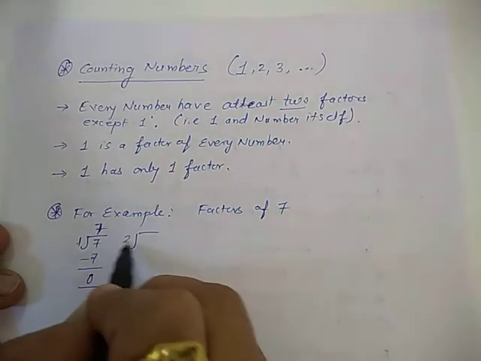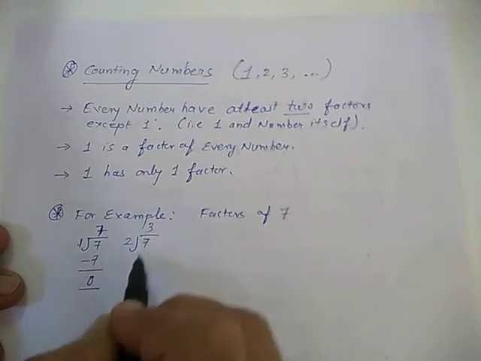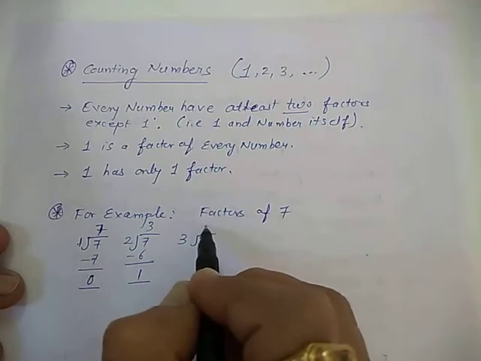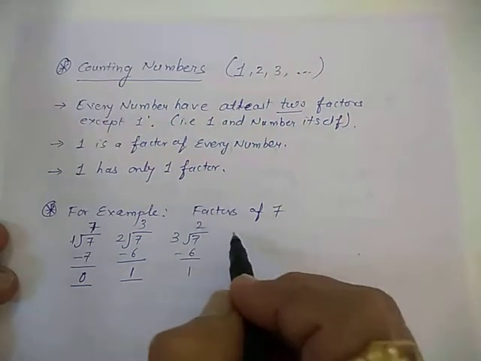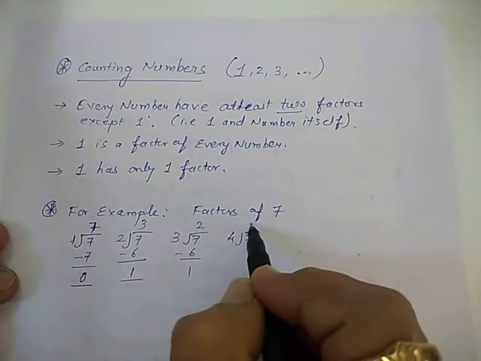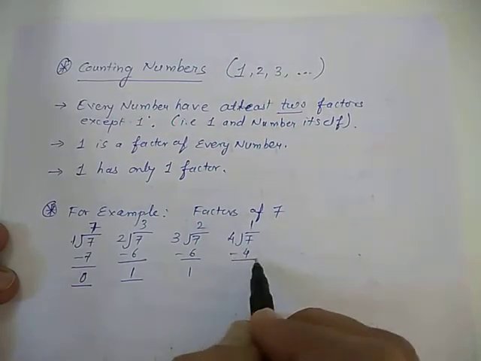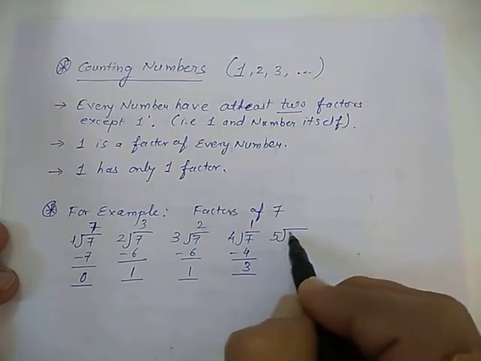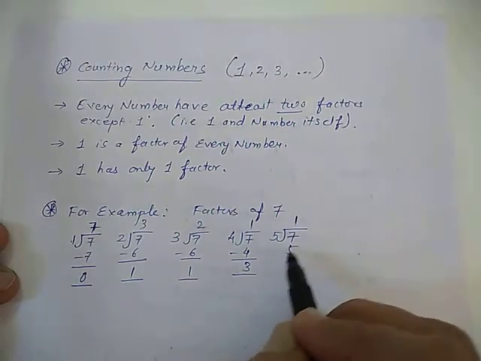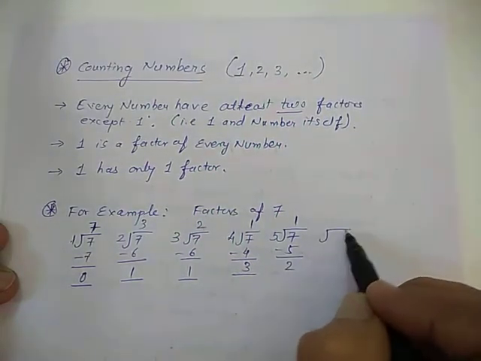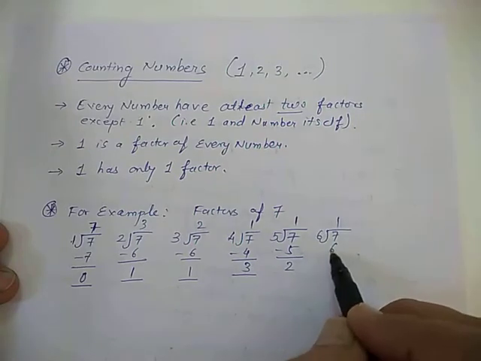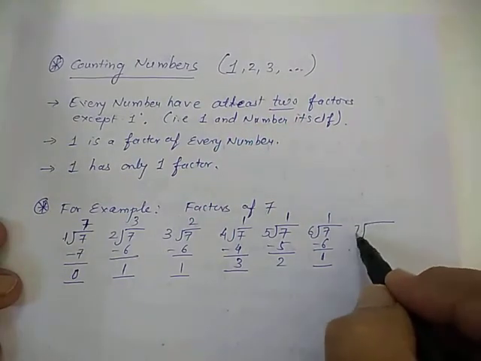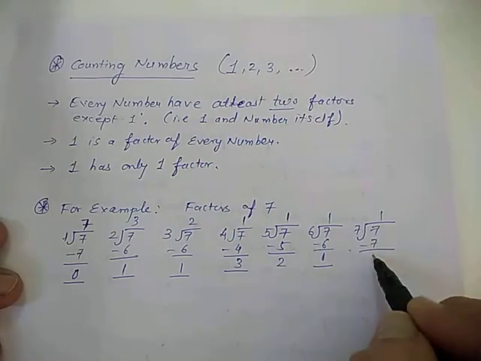If I try by 2, 2 threes are 6, the remainder is 1. If I try by 3, 3 twos are 6, remainder 1. If I try by 4, 4 ones are 4 and the remainder is 3. If I try by 5, 5 ones are 5 and the remainder is 2. If I try by 6, 6 ones are 6 and the remainder is 1. Clear? And if I try by 7, 7 ones are 7 and we get remainder 0.